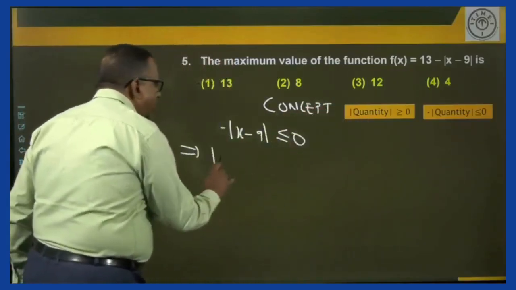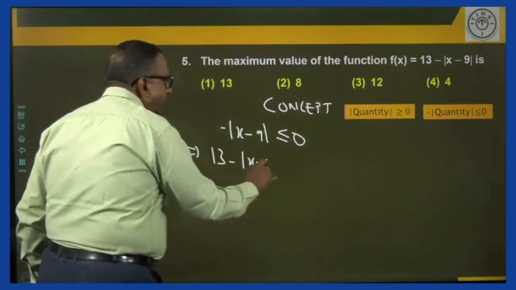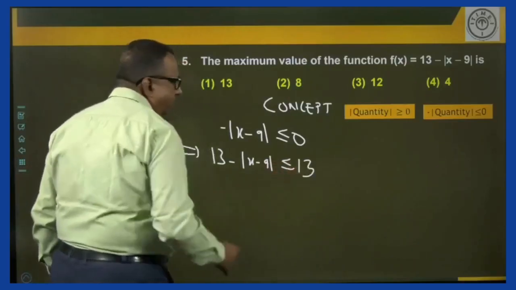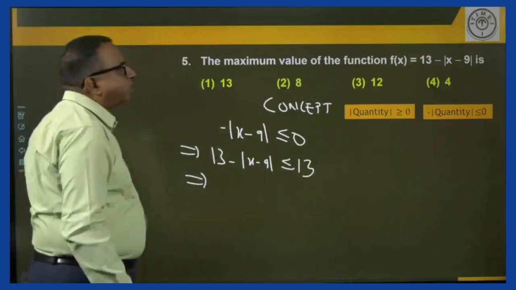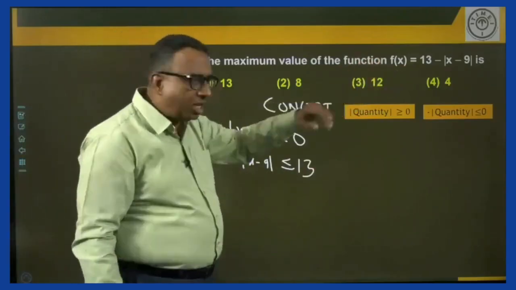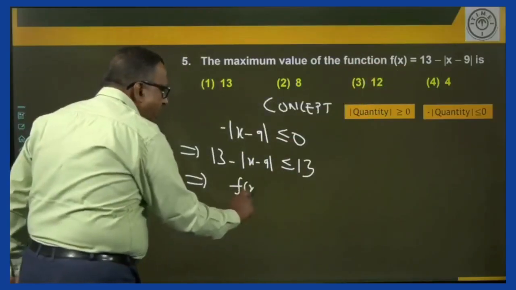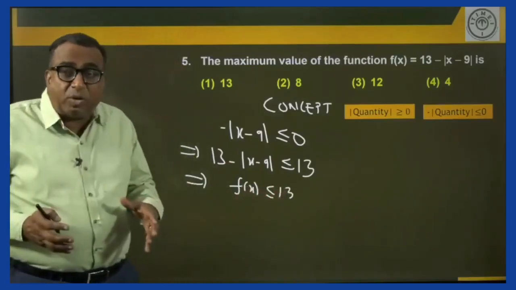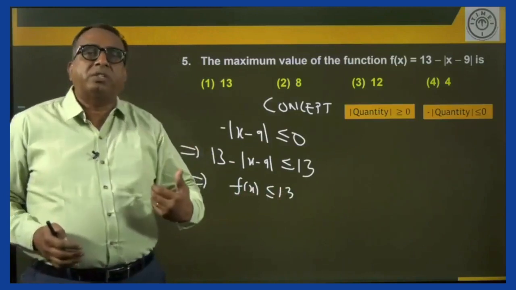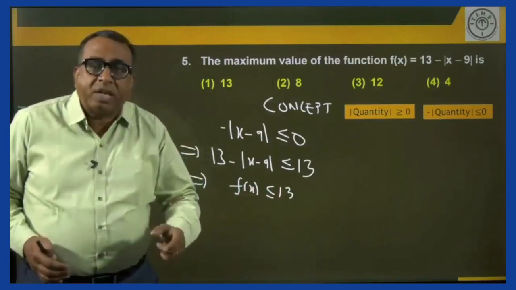So 13 minus mod x minus 9 will be less than or equal to 13. That means your 13 minus mod x minus 9, that is f of x, you get f of x as less than or equal to 13. When f of x is less than or equal to 13, what is 13 for f of x? Maximum value.